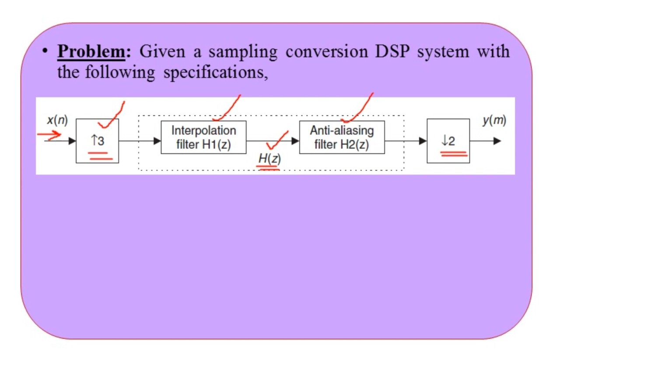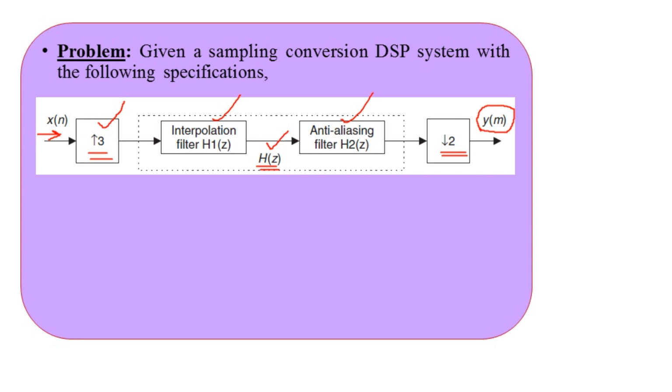As this is a downwards arrow, it is identified as the decimation integer factor, in general capital M or capital D, equal to the value 2. This block schematic generates the output discrete time sequence after all this process, denoted as Y of M.